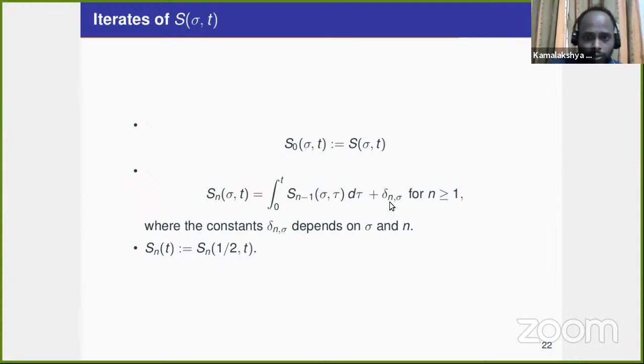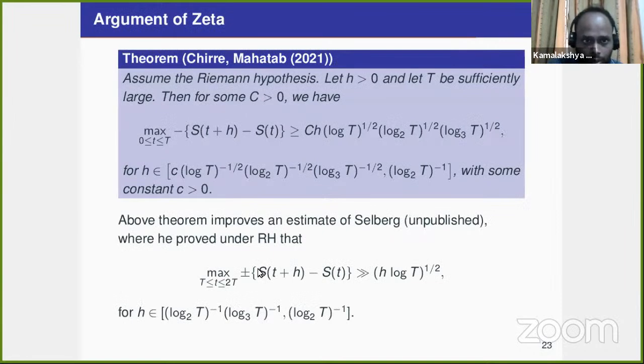This has an expression with several integrals, and we write S_n of t to be S_n of half t. So these are all the notations, and with all this, let's see some more results. This is again about S of t. We didn't use any new notations here. This is a result we proved with Chire under the Riemann hypothesis.